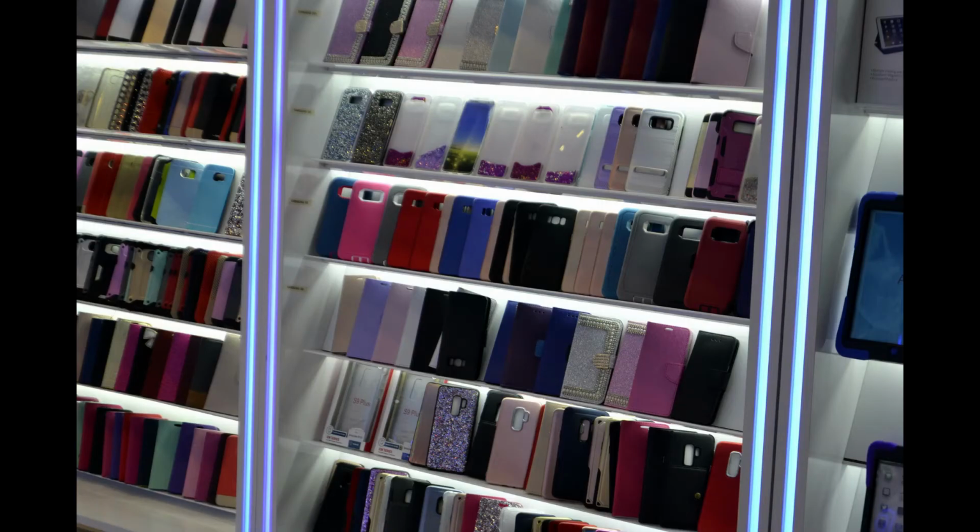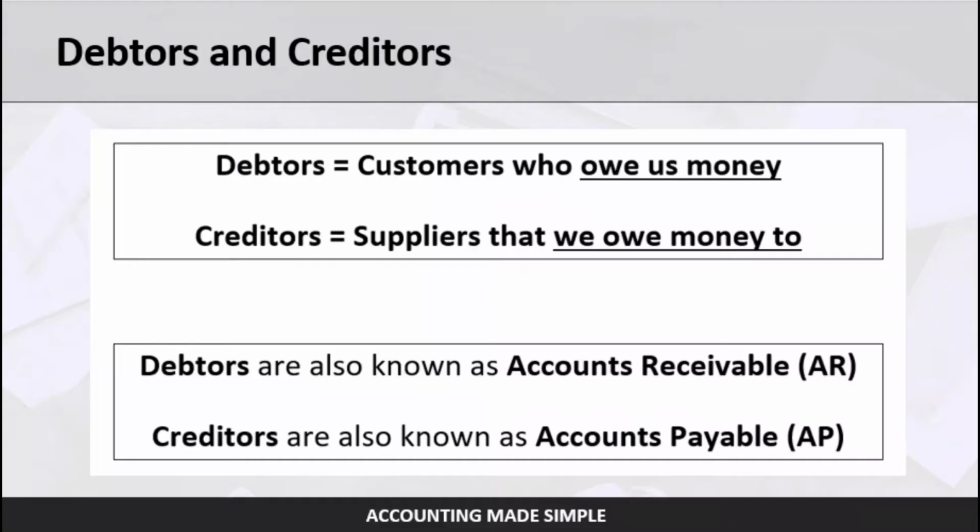You have probably heard companies say that they are doing a stock take or having a stock take sale. When a business does a stock take, they are counting up how many items of inventory or stock that they have left in their shop ready to sell to customers. Inventory is an asset. It is something that we own.